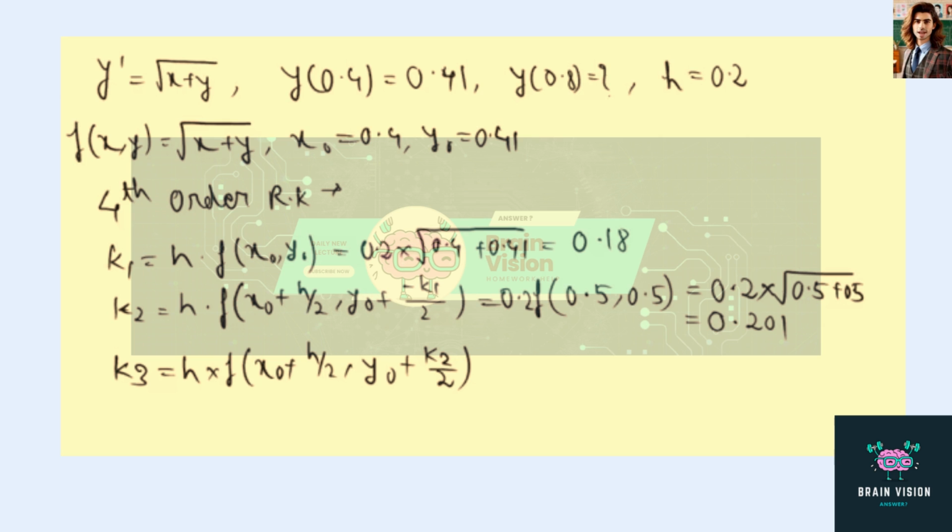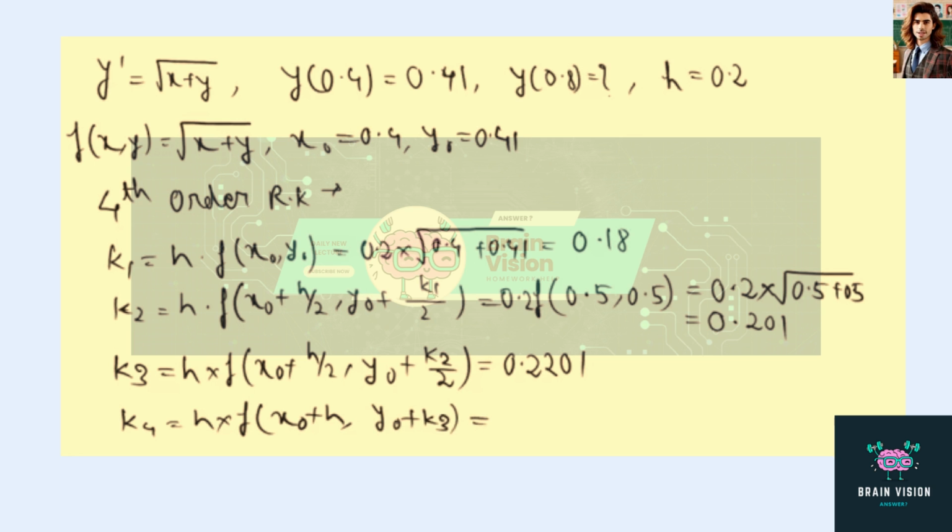That will be just simply k1 by 2 in the earlier one. So similarly from the above way, we would have that value as 0.2201. Now k4 would be h into f of x naught plus h comma y naught plus k3.